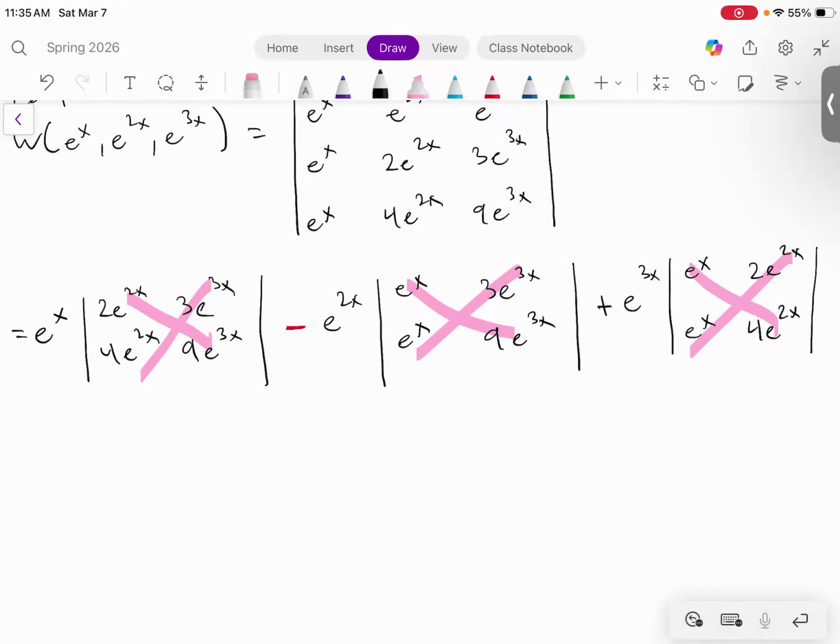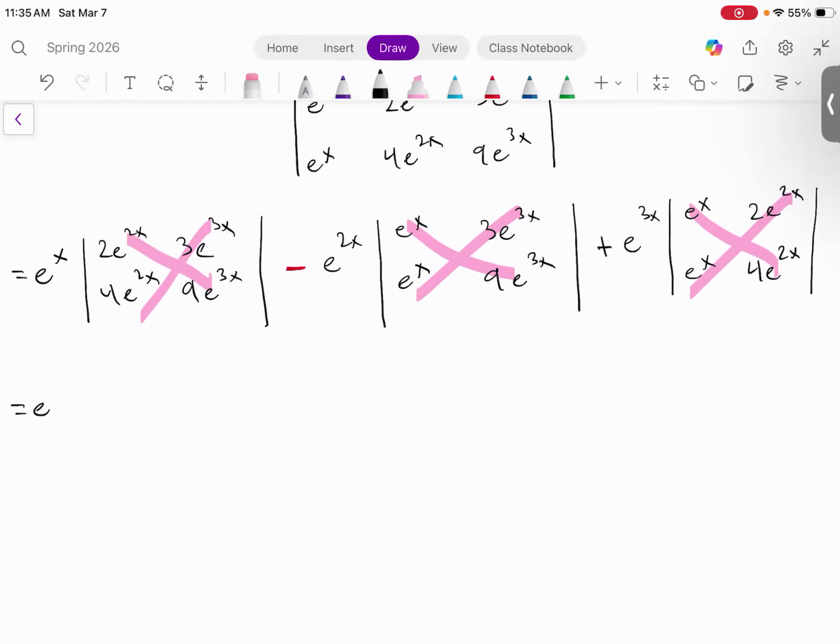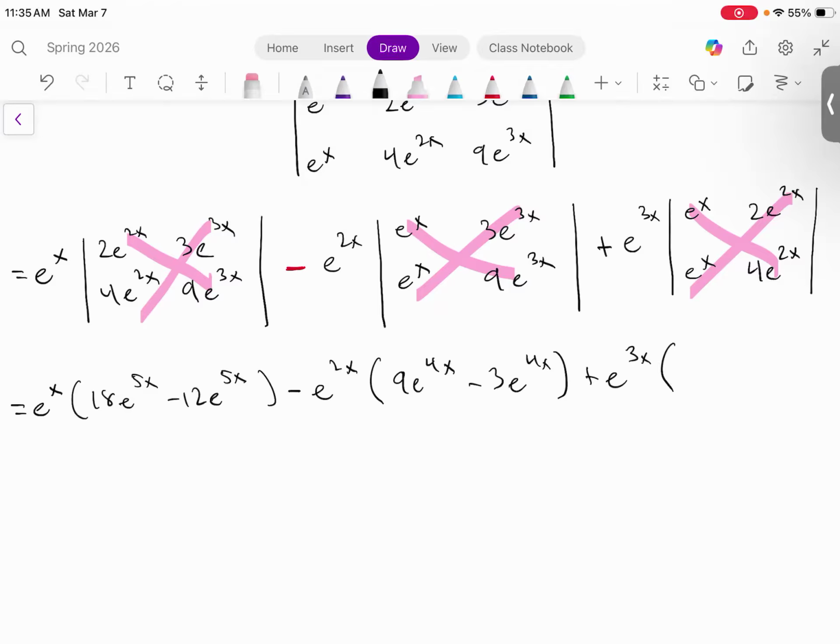So what we would end up with is e to the x times 18e, we're adding exponents, so e to the 5x, minus 12e to the 5x, minus, careful with the negative, e to the 2x times 9e to the 4x minus 3e to the 4x, plus e to the 3x times 4e to the 3x minus 2e to the 3x.